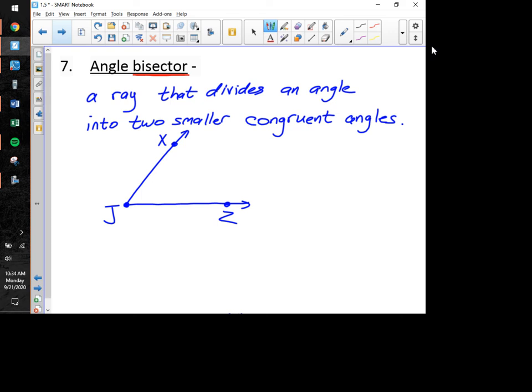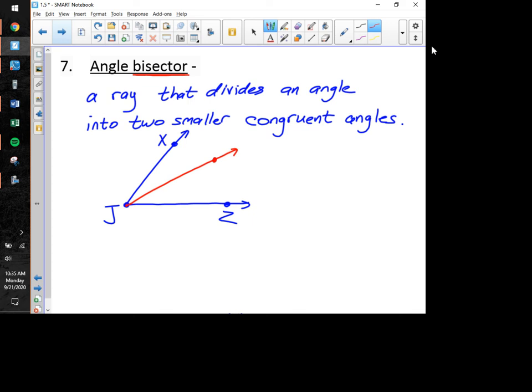So it's going to be a ray. I didn't write this down, but this ray needs to come out of the same endpoint as ray JX and JZ. So another ray, everybody, that comes out of point J and basically bisects or cuts this big angle in half. Cuts it into two smaller congruent angles. I'm just eyeballing this here, guys, but it is going to look roughly something like that.